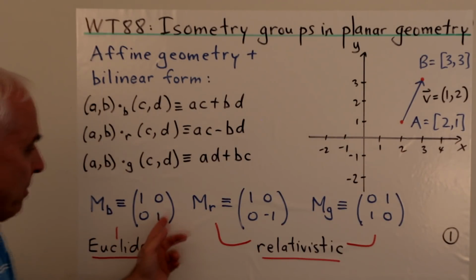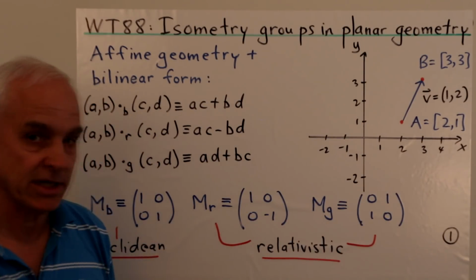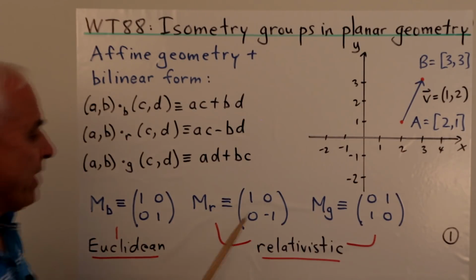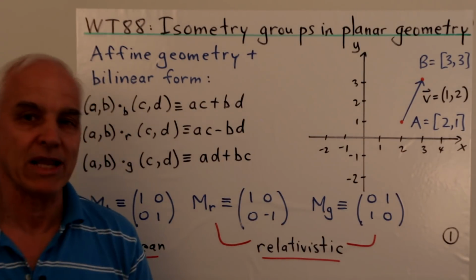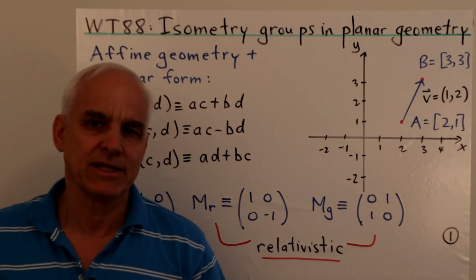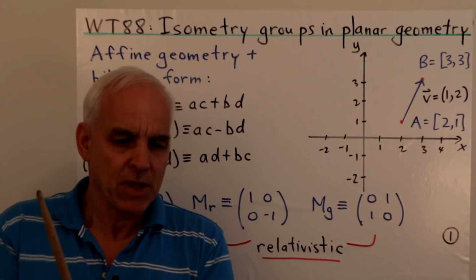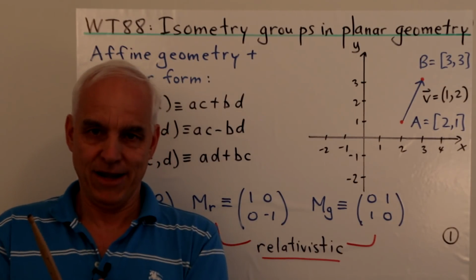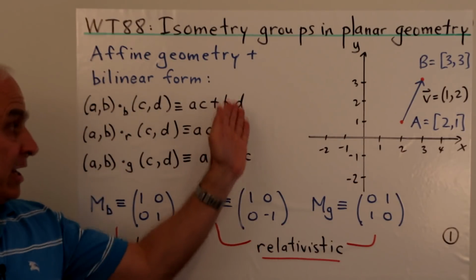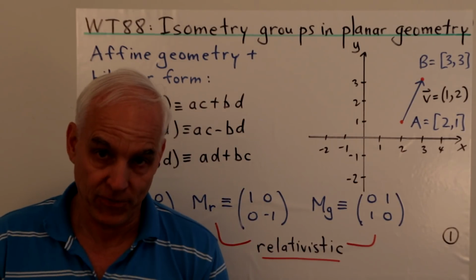And these three bilinear forms have these three matrices associated to them. This one, the blue one, is Euclidean familiar geometry, and these two, the red and the green, are both relativistic geometries. Okay, so what we want to do today is investigate isometries, that is, transformations of the plane that essentially maintain the structure given by these bilinear forms.